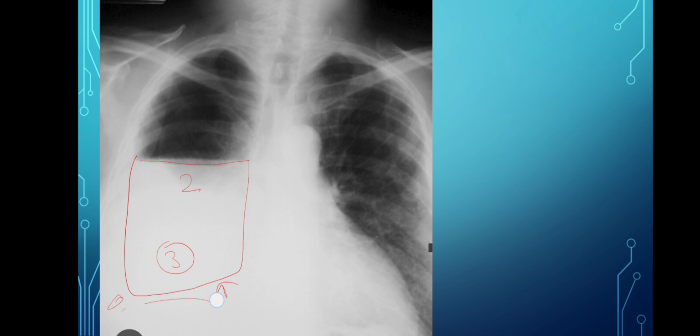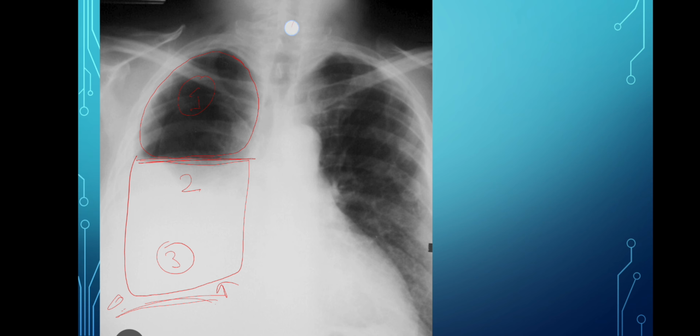The dome of diaphragm is not seen on the right side, and there is a straight, clear-cut horizontal line between the radiolucent and radio-opaque areas. The upper zone 1 shows a radiolucent area without any bronchovascular marking.